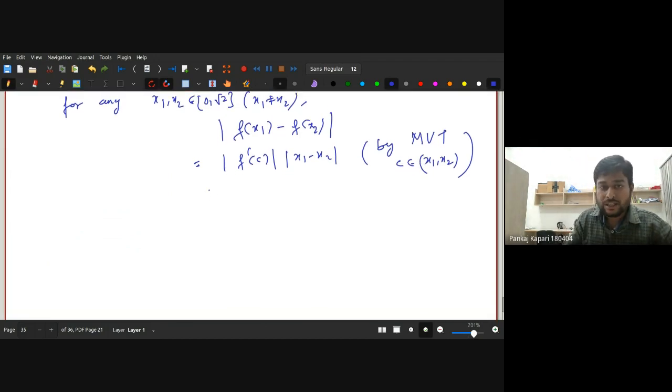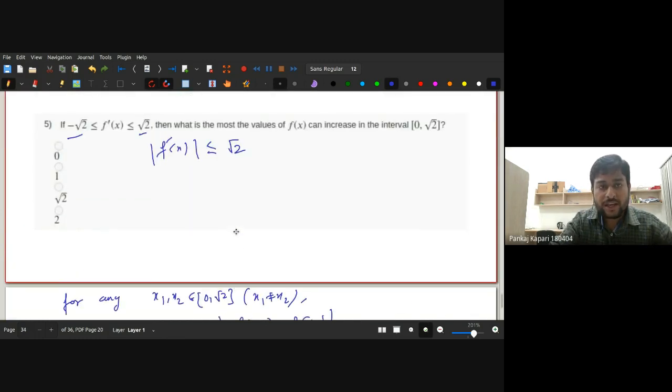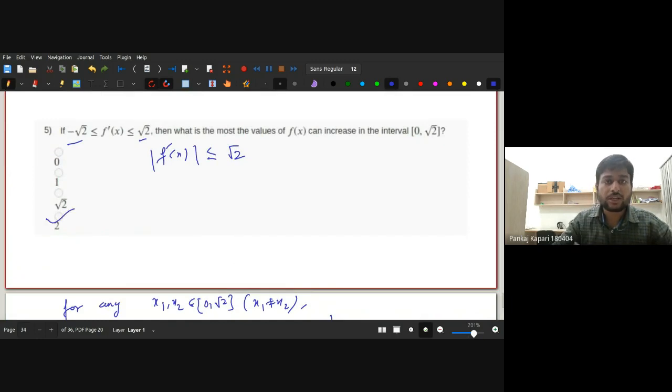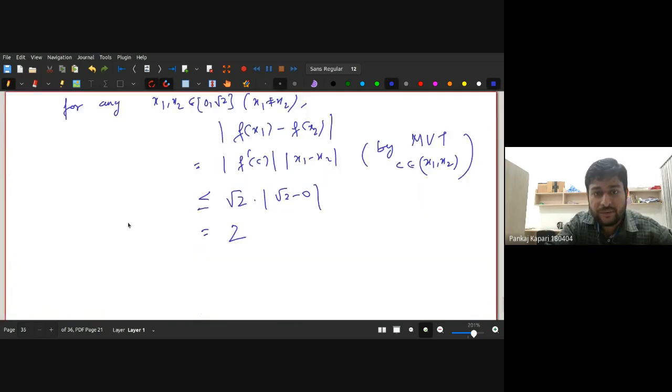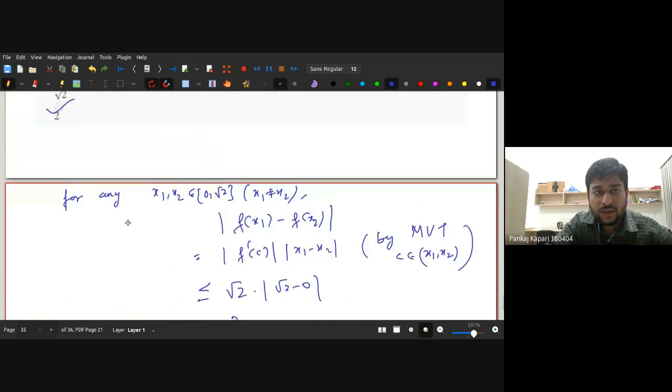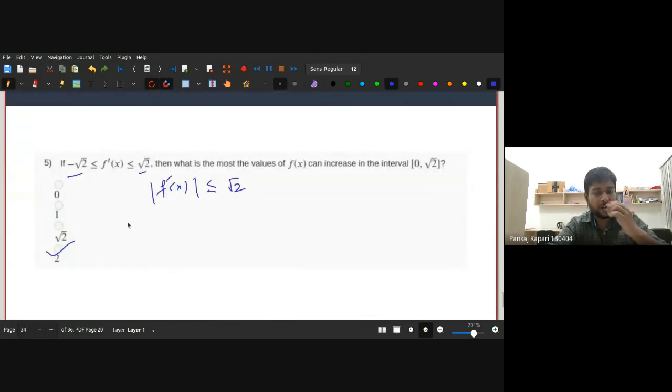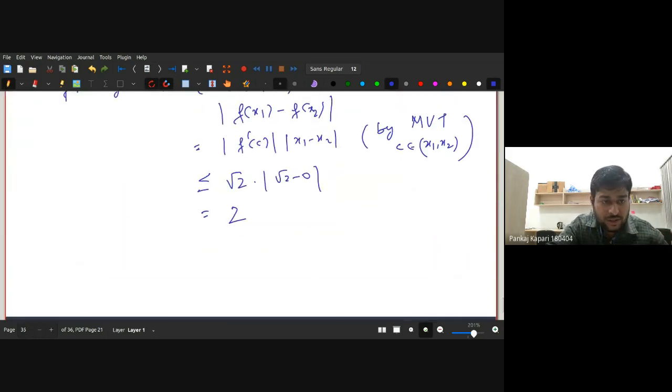You can see that this is at most root 2, and x1 minus x2 means the length of the interval, but the maximum length can be root 2 minus 0, which is just root 2, so the product is 2. So the function can increase at most 2. So the last option is correct here. That's all. Are there any questions?